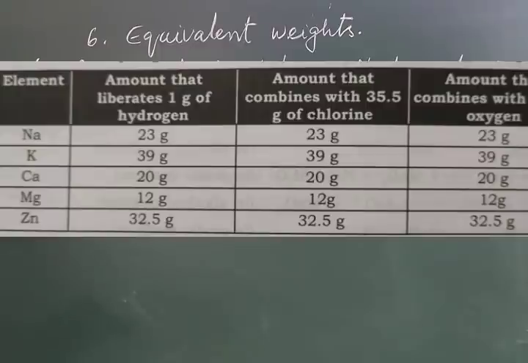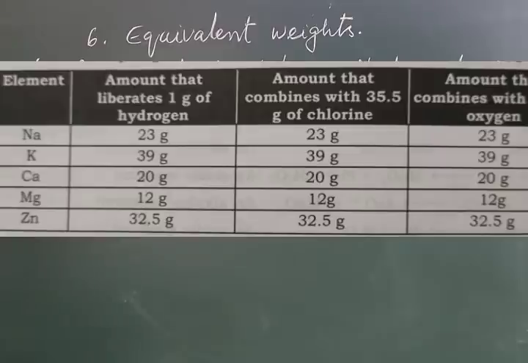In the same way, the amount of zinc that can liberate 1 gram of hydrogen in a chemical reaction, or combine with 35.5 grams of chlorine, or with 8 grams of oxygen will be the same, that is 32.5 grams.